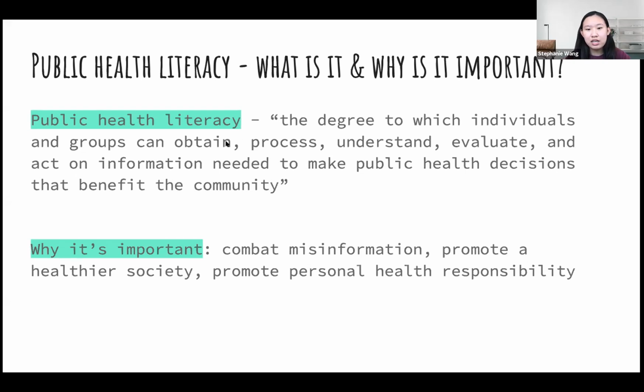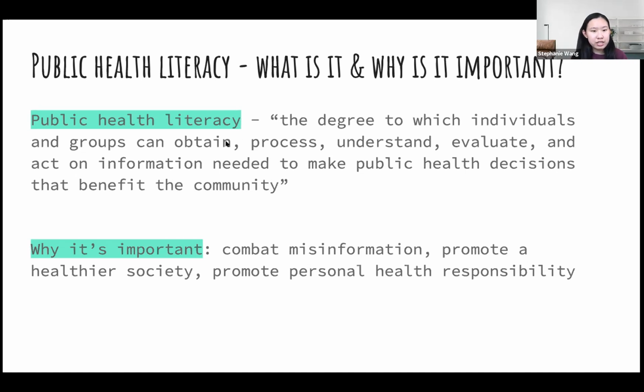Misinformation is highly devastating to a population because it uses the public health illiteracy of some groups of people and takes advantage of that to their detriment. So misinformation is perhaps our number one priority in combating with the spread of public health literacy.